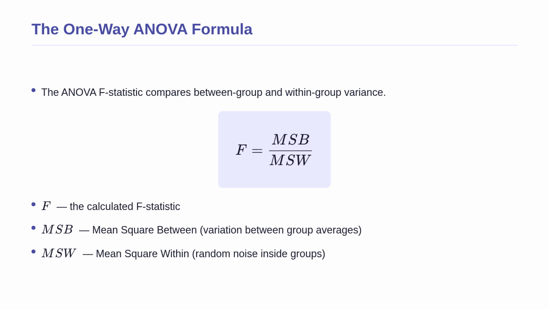The symbol MSW stands for mean square within, which measures the random background noise inside the groups themselves. If the groups are truly different, the distance between them, MSB, will be much larger than the random noise inside them, MSW. This results in a large F value. If the F value is close to 1, the differences are just random noise.